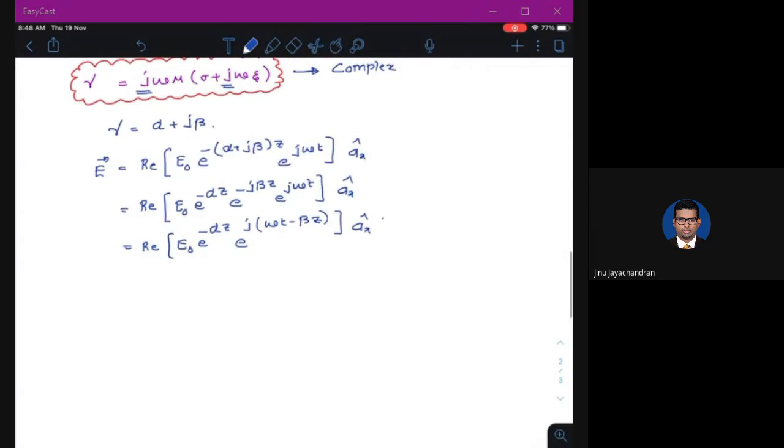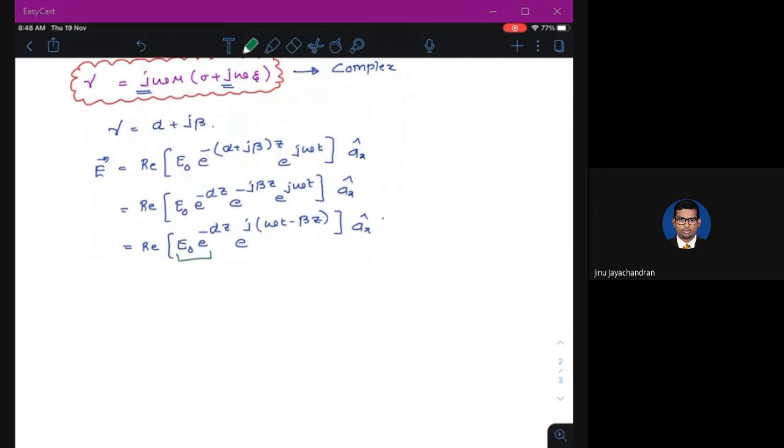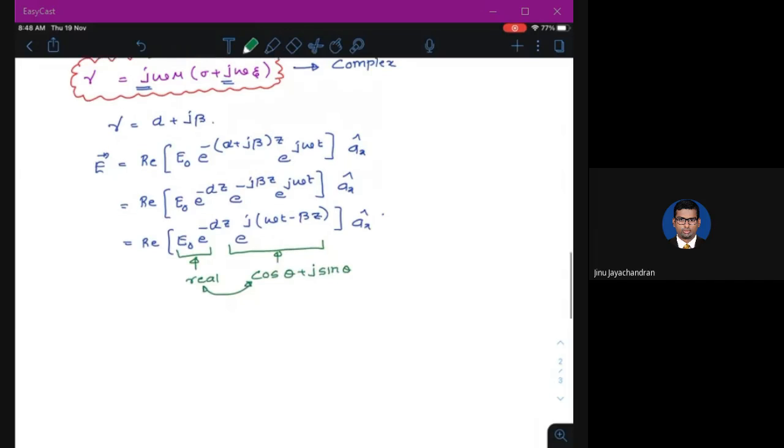So this quantity here is always real. So you can always take it out. And this quantity is actually our cos theta plus j sin theta. So this output will be multiplication of the cosine of the omega t minus beta z angle and E0 e raised to minus alpha z.